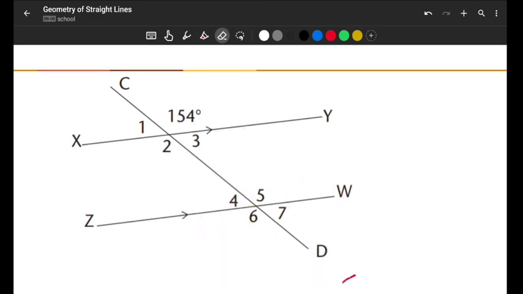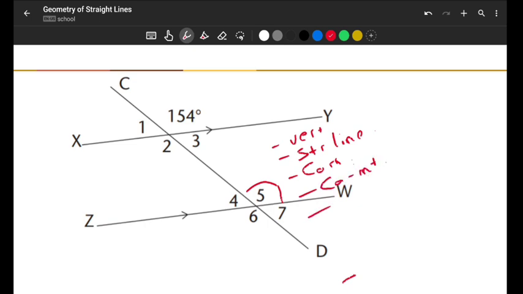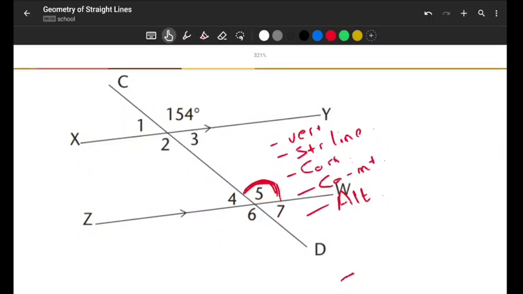Try finding, for example, angle 5 using all 5: vertically opposite, angles on a straight line, corresponding angles, co-interior angles, and also alternating angles. Just with angle 5, try using all 5 to get to that same answer, right?